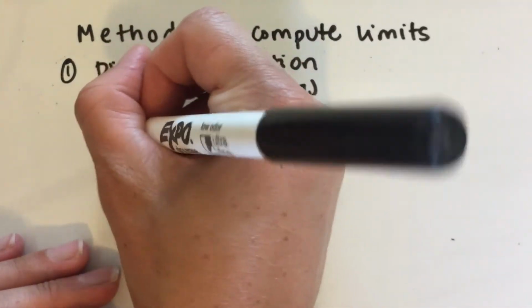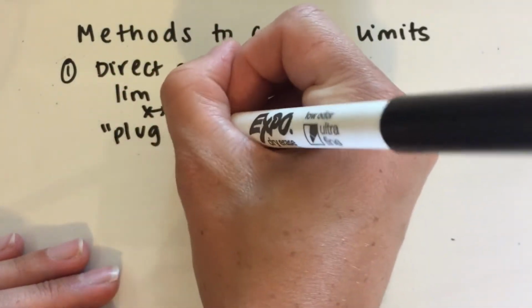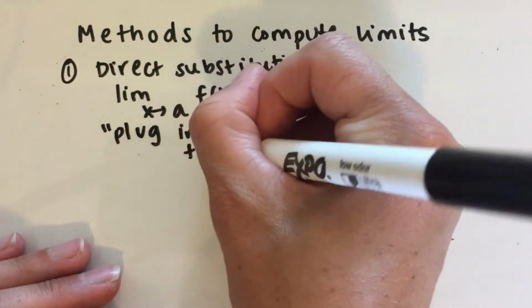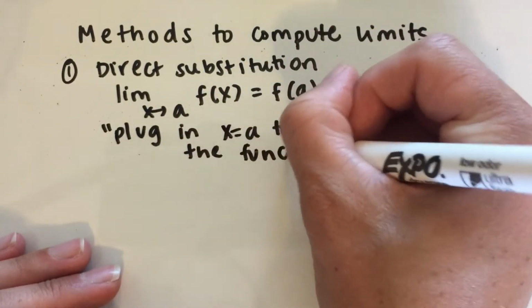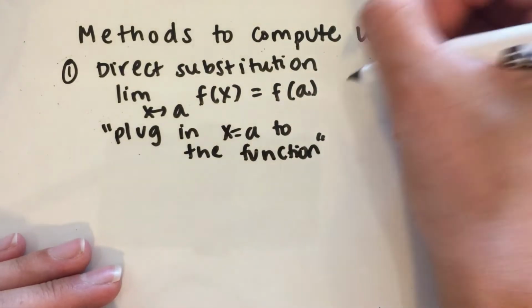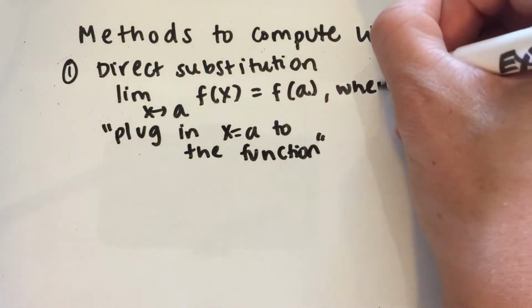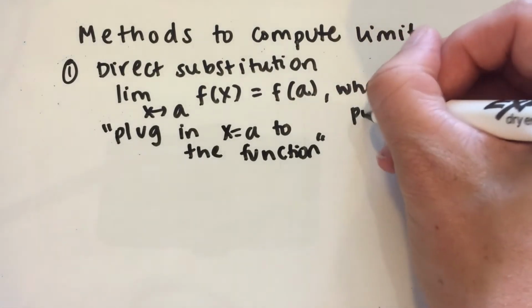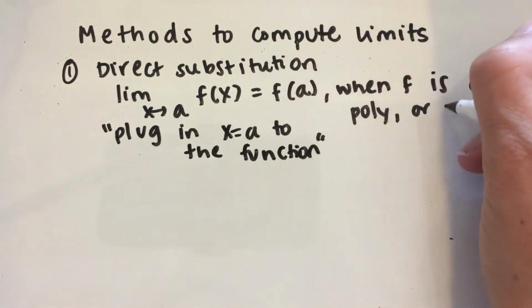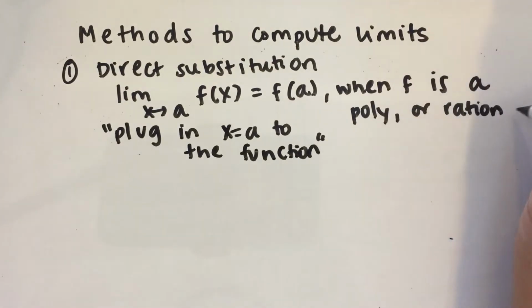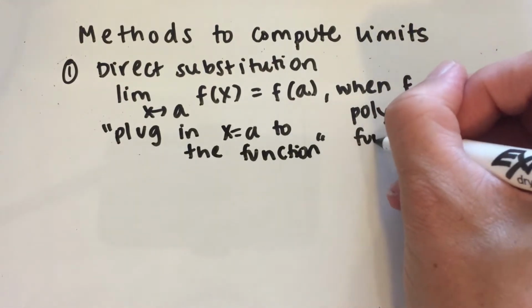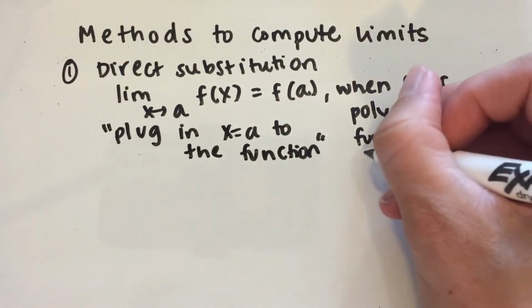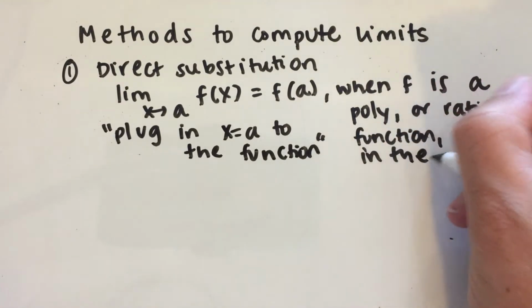So here we plug in x equals a to the function. This occurs when f is a polynomial or rational function, and a is in the domain.